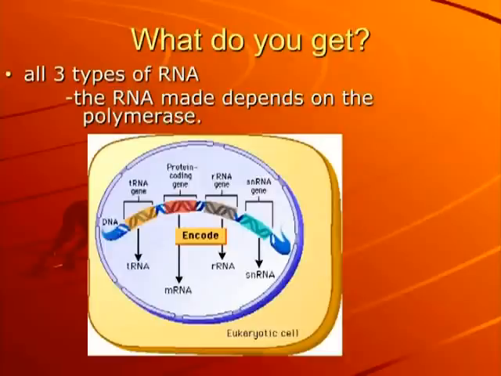The next step, as I said, is translation, and that's going to take that RNA nucleotide sequence and make it into an amino acid sequence. So if you think of transcription as just copying things down, DNA being copied into RNA, then translation is taking that copy and changing it into a different language, the amino acid sequence.